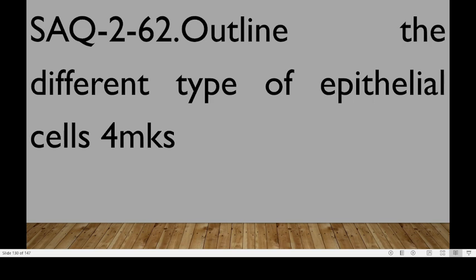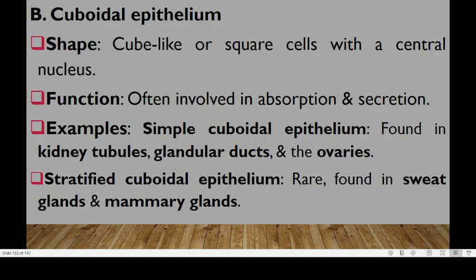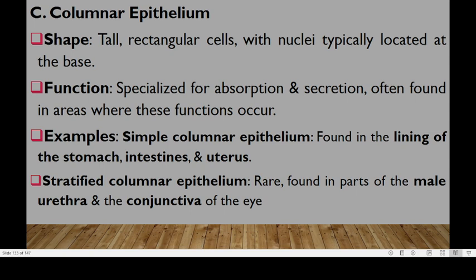Outline the different types of epithelial cells. Well, we can name epithelial cells based on shape. Like we could talk of the squamous, which are flat and thin, resembling scales. You could have simple squamous, stratified squamous, and also these other ones. Could also have cuboidal, which are cube-like or square cells with a central nucleus. So we have simple cuboidal, stratified cuboidal.